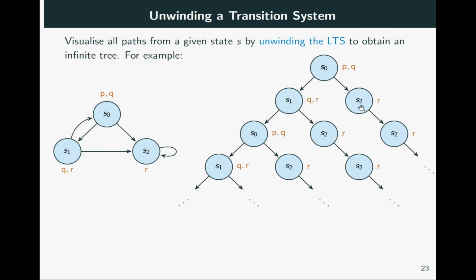So we see that on the tree, S2 moves forward into itself. And so on. So we have an infinite tree here. The paths through the LTS are exactly the ones through its unwinding tree. In fact, the unwinding tree is essentially the LTS projected forwardly, with the paths depicted more explicitly.